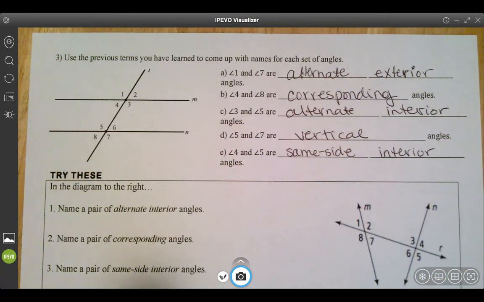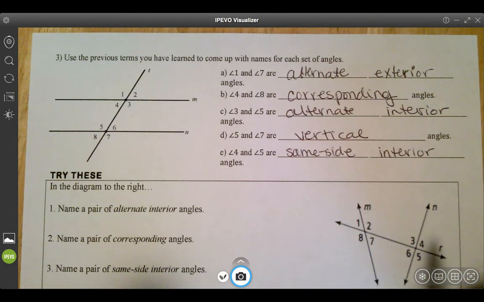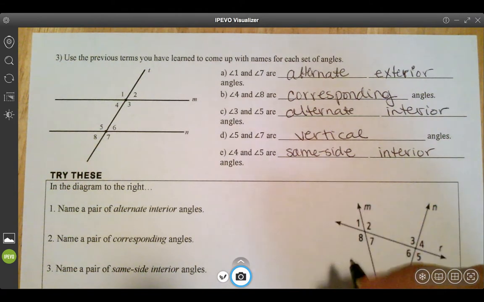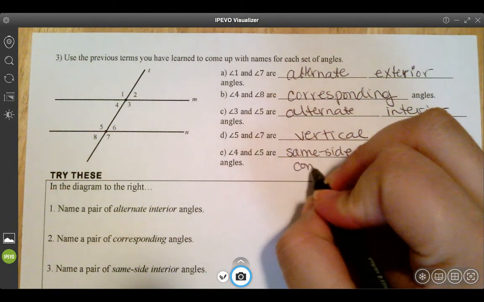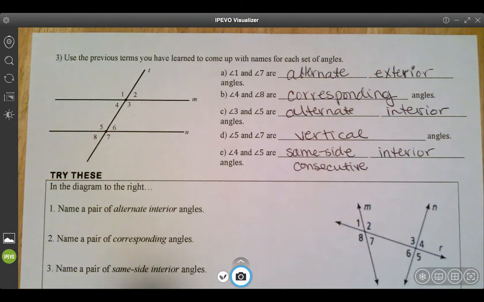And just like instead of saying opposite sides, we say alternate, if we wanted to use a single word to talk about same side, we use the word consecutive. Consecutive interior angles. Okay, so you'll see it called both things, same side interior or consecutive interior angles. So let's try these with a diagram.